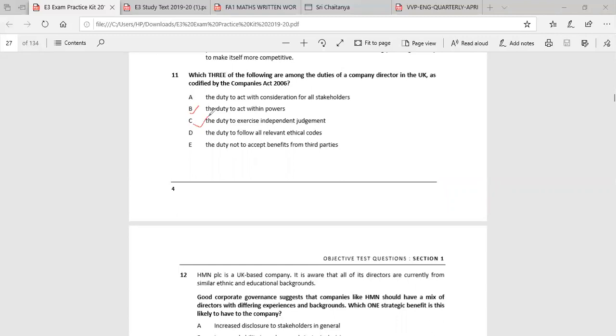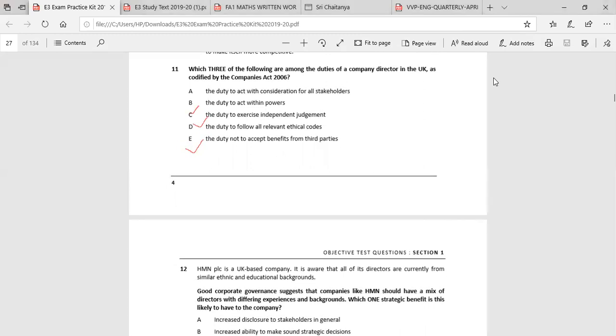So the governance part of it is independent judgment, and to act within powers. Duty to follow all relevant ethical codes: what does it mean? All ethical codes should be followed, not only relevant ethical codes. So that is not it. They should not be accepting benefits from third parties. So we have B, C and E.